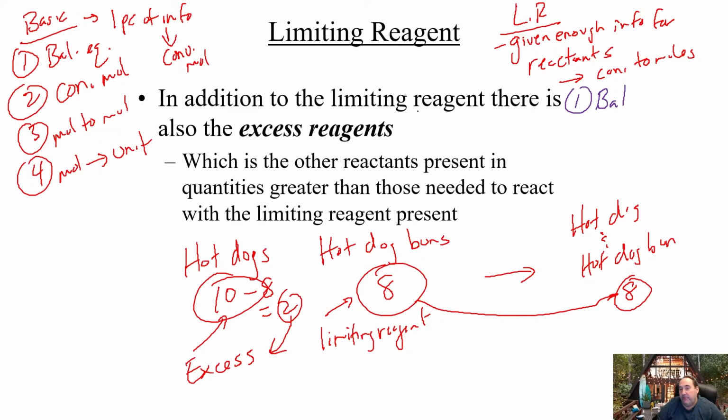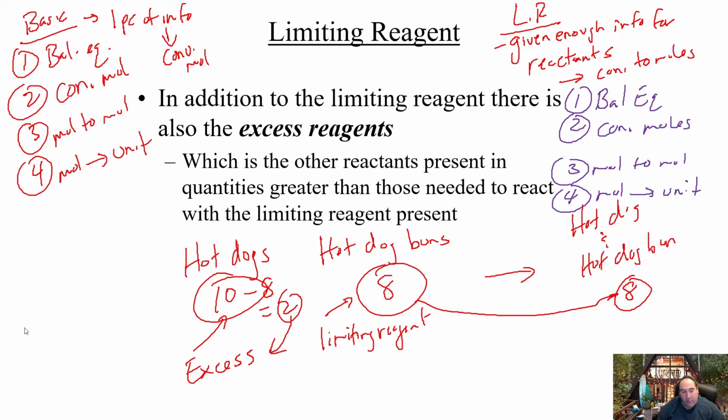You would balance your equation, convert to moles, do your mole to mole relationship, and take your moles to some other unit. So what is the difference? Well, right around this step, you need to figure out the limiting reagent.